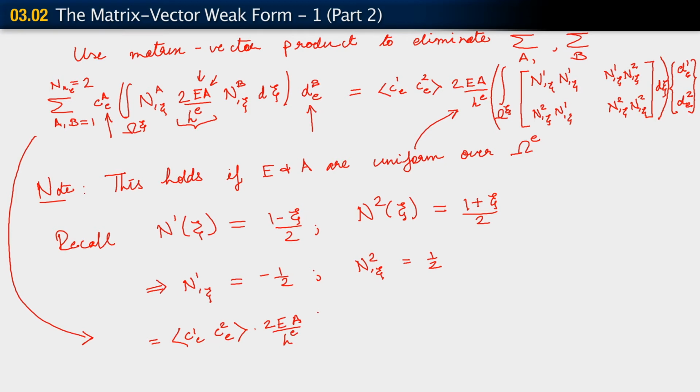Now again, note that the matrix is fixed. It's uniform. It's constant over the element. So we just get 1/4 from the first entry.